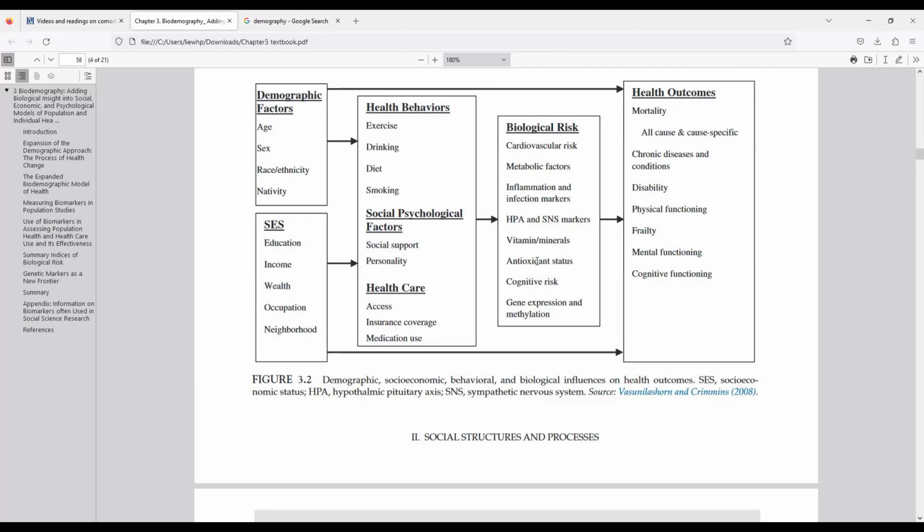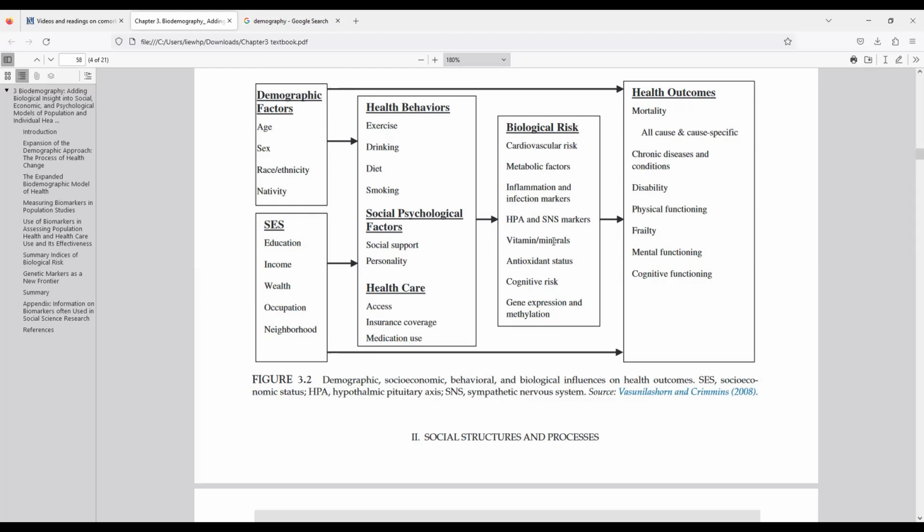And they have a way to store genes or biomarkers or saliva or something else in a safe place. And because of that, people are able to assess the cardiovascular risk, metabolic factors, inflammation or infection markers, or assess somebody's HbA1c and SNS markers, or the vitamins and minerals they take.